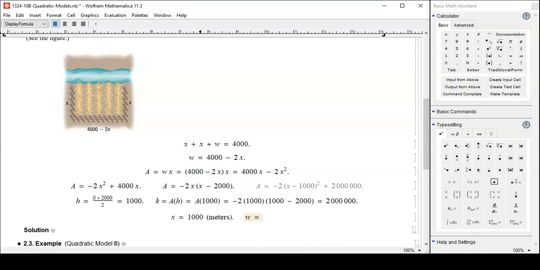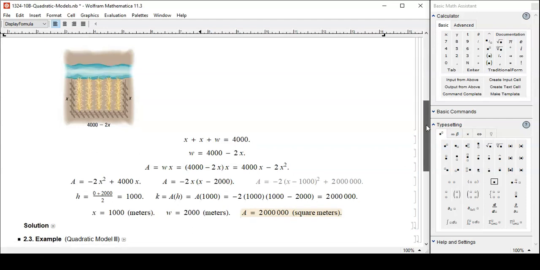And the width is, let's see, 4000 minus 2 times 1000. So 4000 minus 2000, so 2000 meters. Area is 2 million square meters. I guess that's all the dimensions we need here.